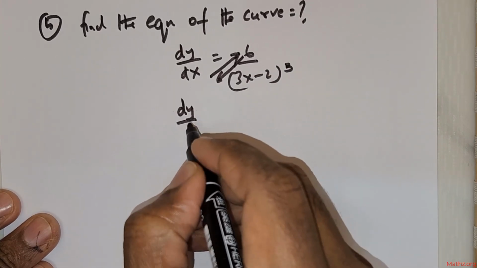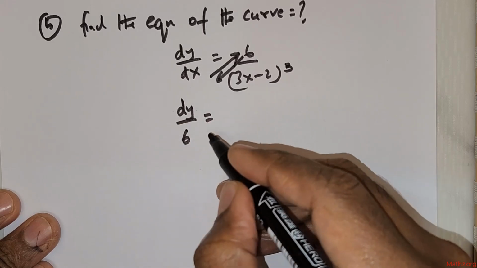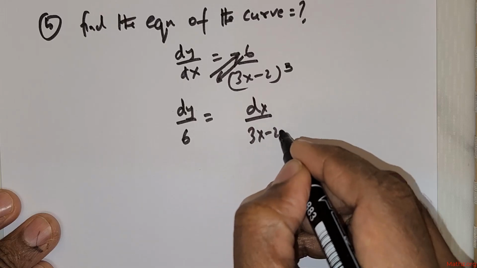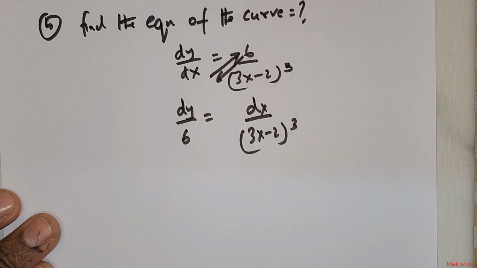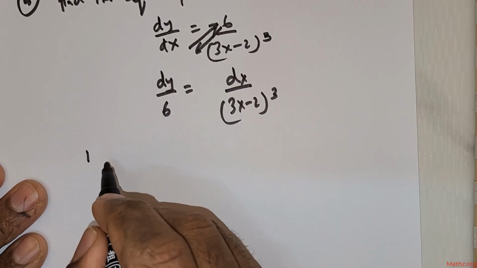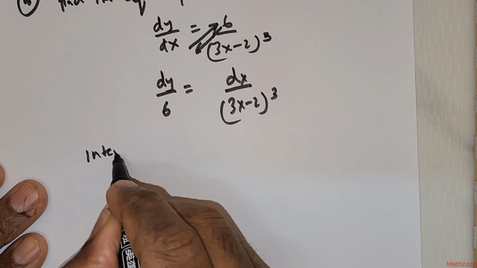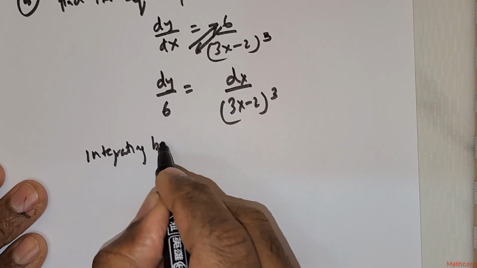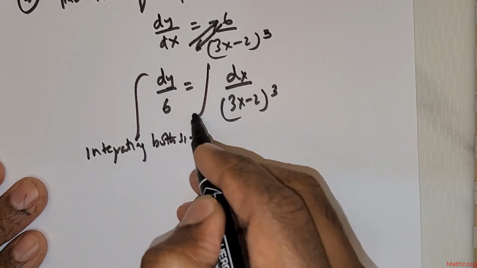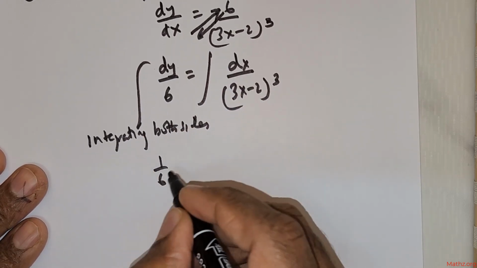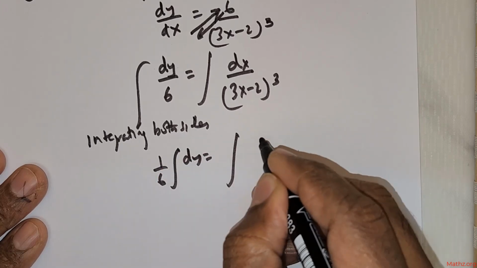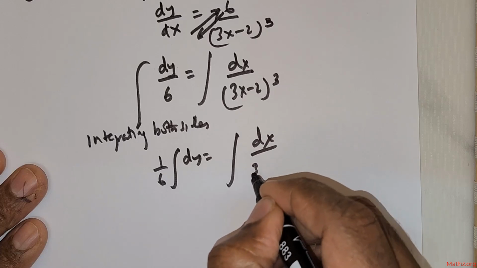So this is going to be dy over 6 is equal to dx over (3x - 2) raised to the power of 3. Now we can integrate both sides, right? Integrating both sides, this is actually a constant, so you can rewrite it as 1 over 6 times the integral of dy. Now we need to focus on integrating this quantity.